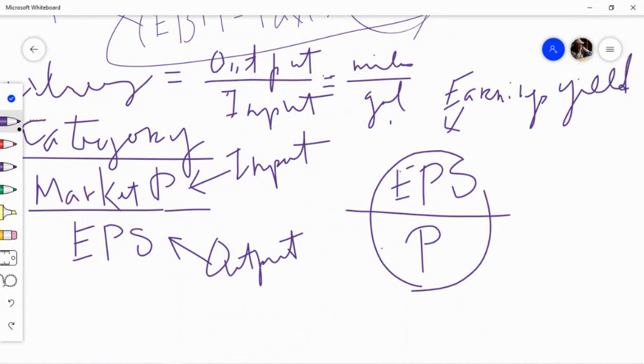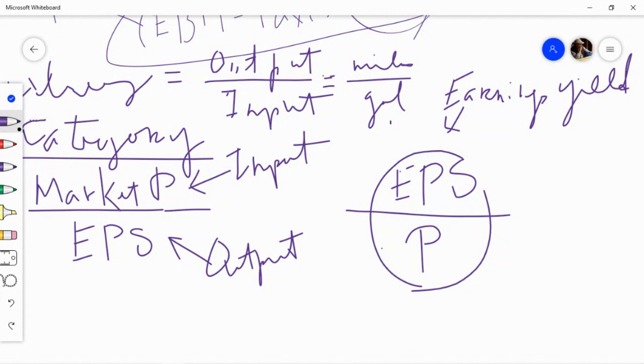Actually, yield, you should know by now, is another name for return, right? Yield is another name for rate of return, but annualized, always annualized. Basically, it should be the earnings price ratio. That would make more sense because it's like output to input.